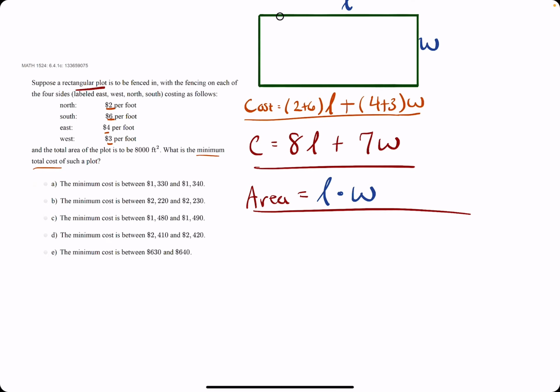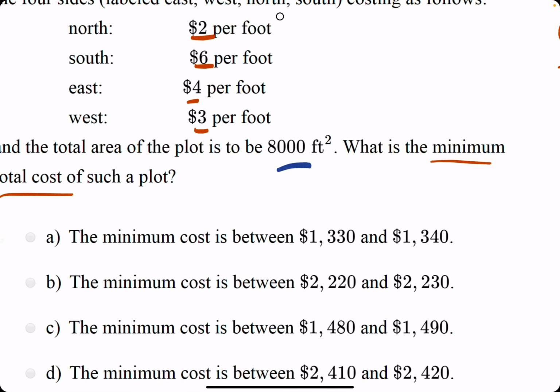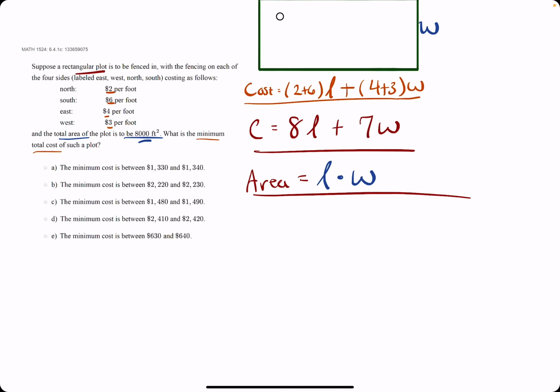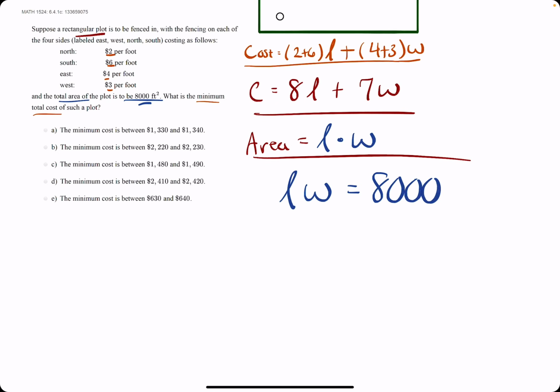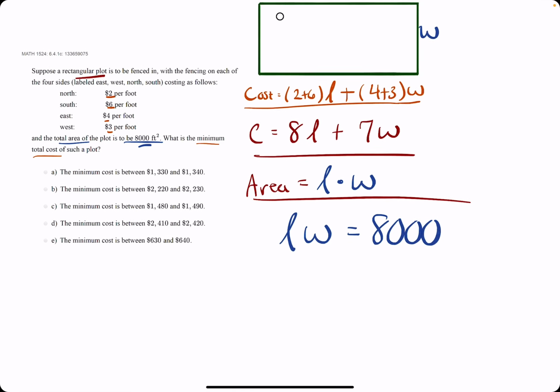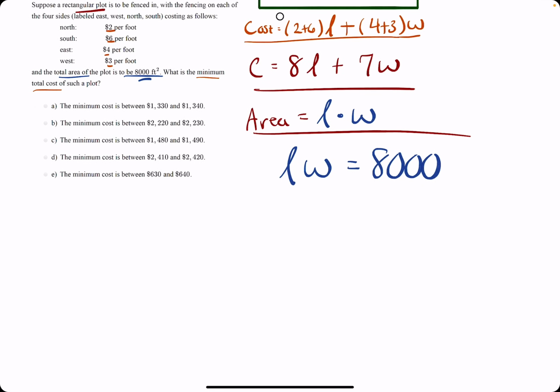So that's where this extra information about the area being equal to 8,000 comes into play. We know area is length times width, and we know that this area is equal to 8,000, well, there we go. We have an equation relating L and W. So that allows us to solve for one variable. We can get L by itself on the left side by dividing by W, since these are multiplied together at the start.